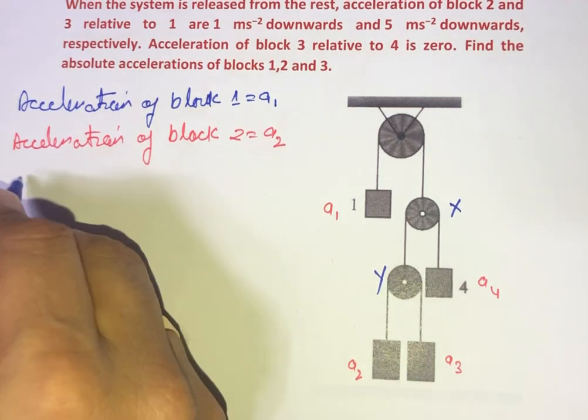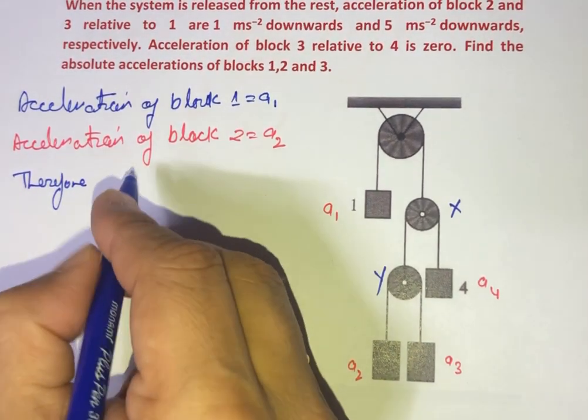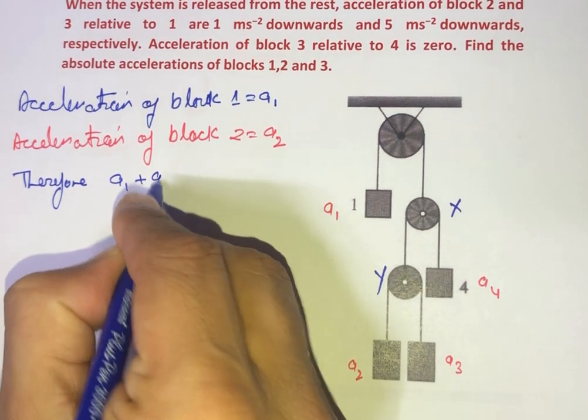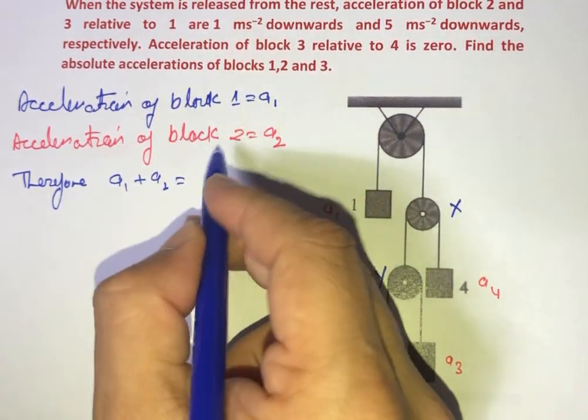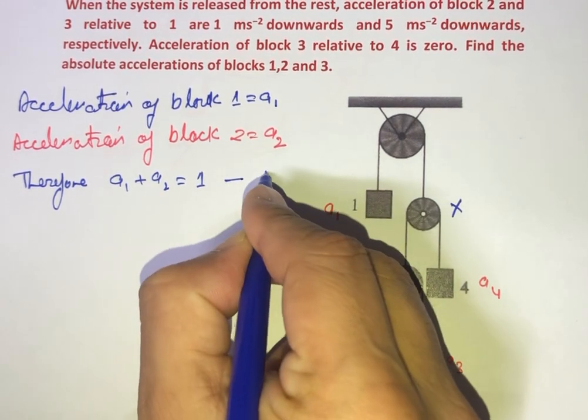Therefore, a1 plus a2 is given as 1 meter per second square. So we write here 1. Let us call this equation number 1.